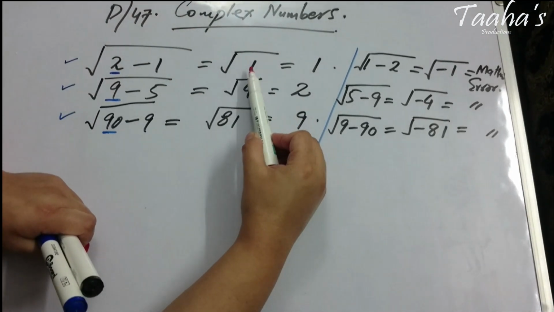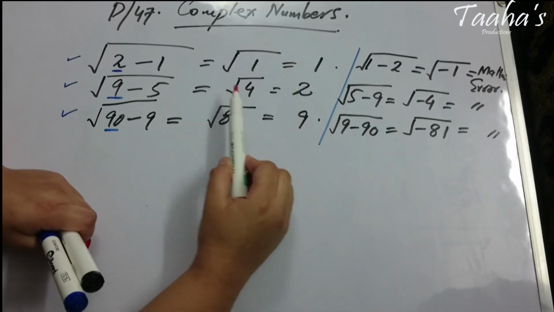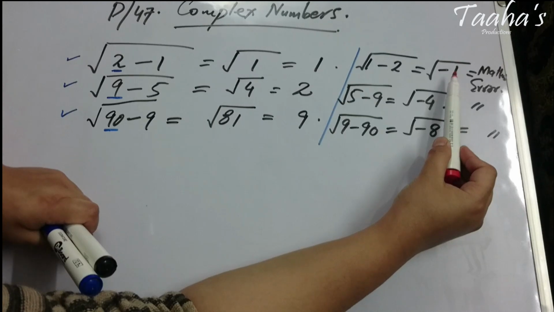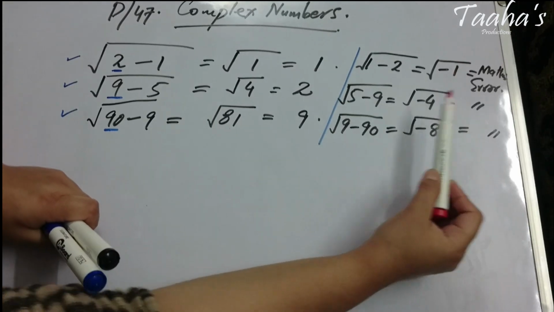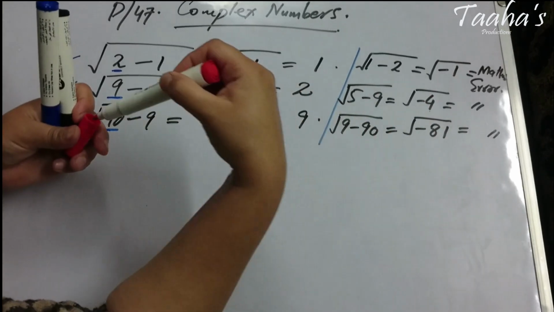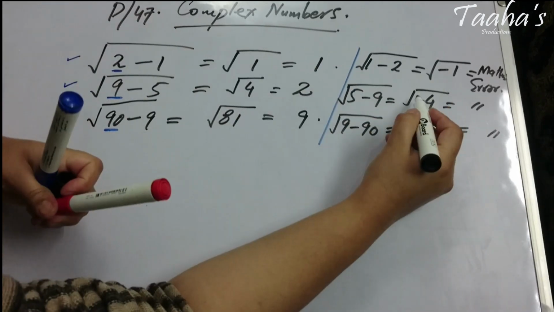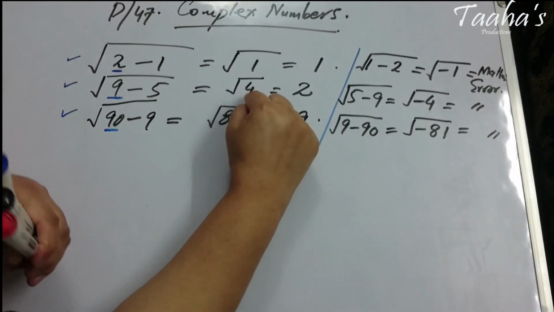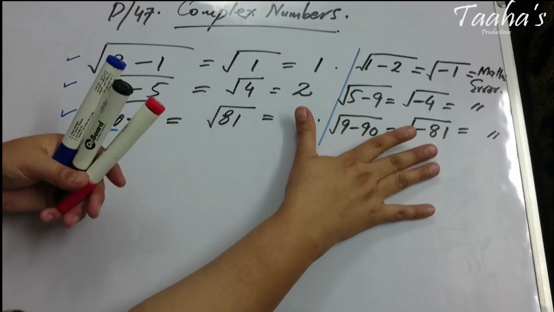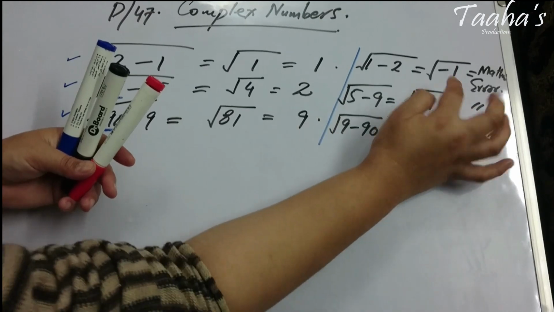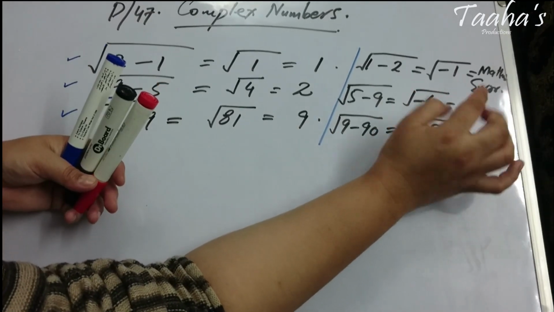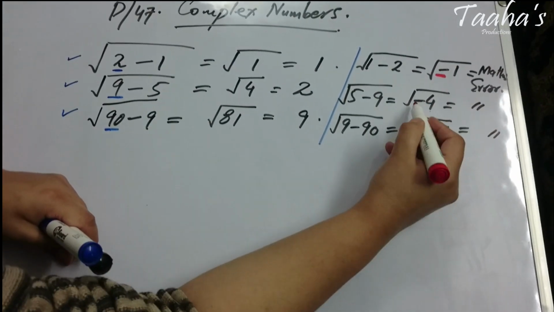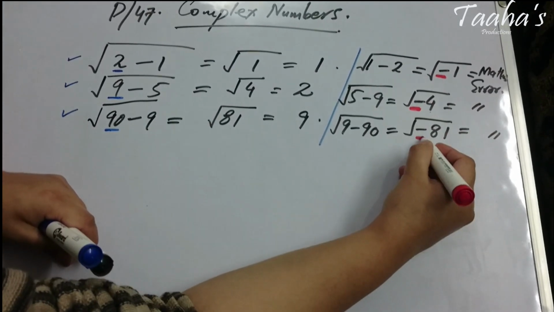The calculator is giving you the answer of the square root of 1, the square root of 4, the square root of 81. But the calculator is not giving you the answer of the square root of minus 1, minus 4, minus 81. Where is the problem? The numbers are the same: 1 and minus 1, 4 and minus 4, 81 and minus 81. The digits are the same, but because of this negative sign, this sign is creating a problem.